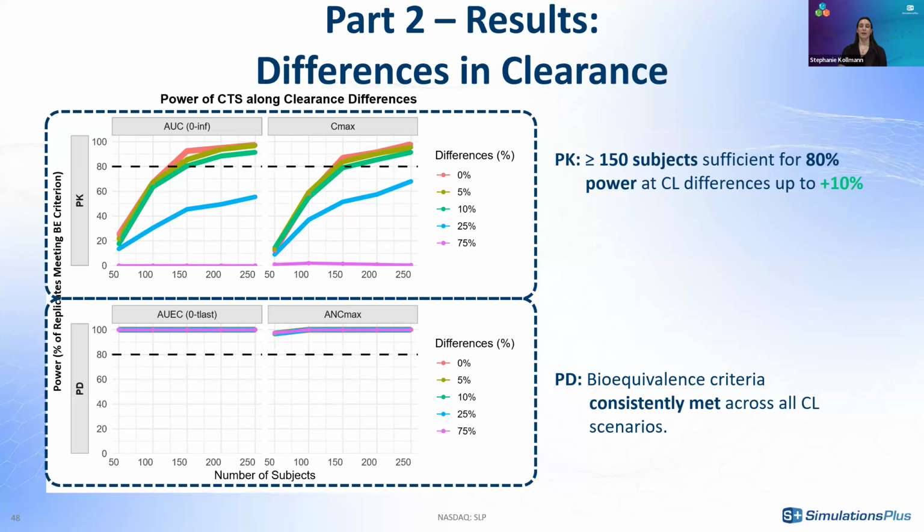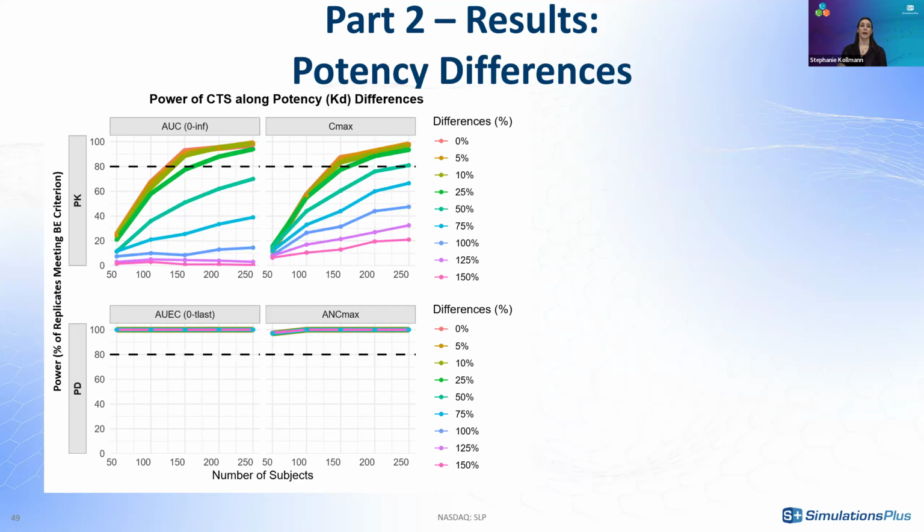For PD endpoints, AUEC and ANC max, the bioequivalence criteria were always met, indicating that small changes in clearance don't significantly affect the ANC response. And for potency differences, modeled as changes in receptor binding affinity, KD, we observed similar trends.